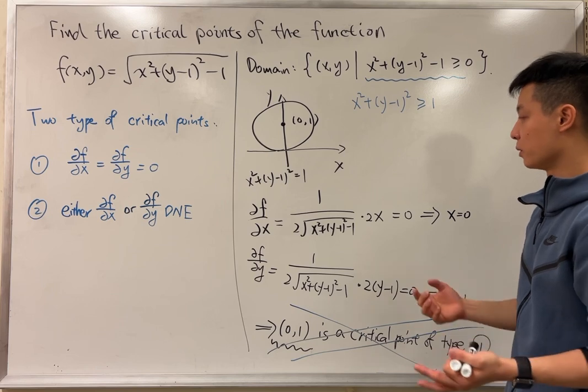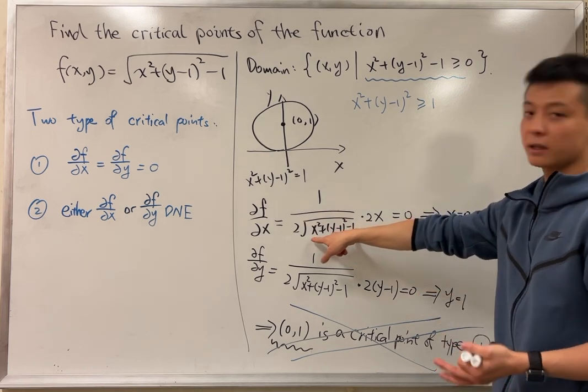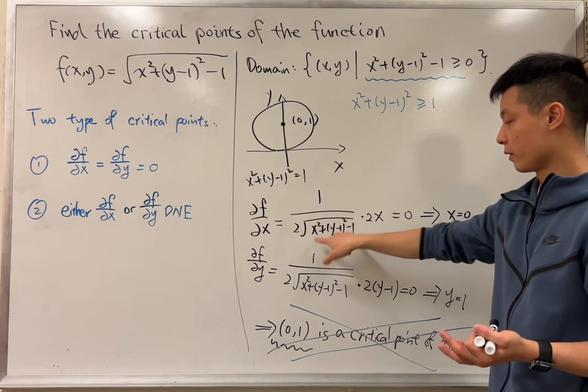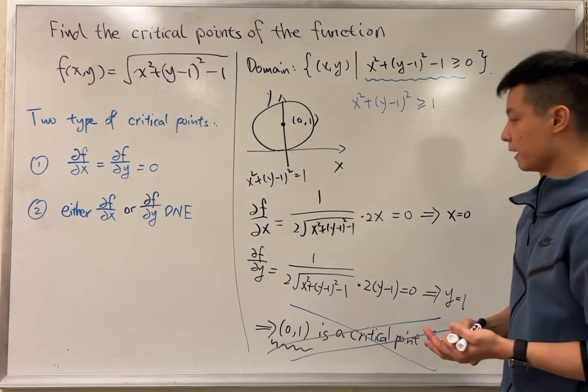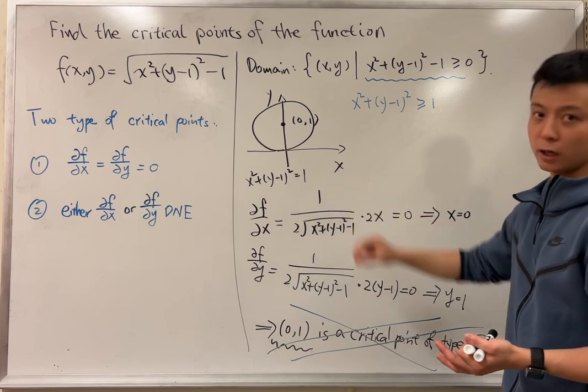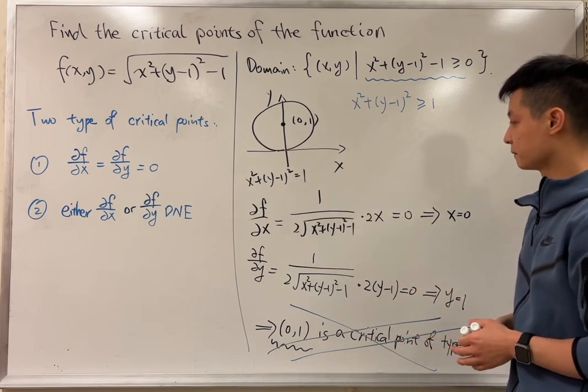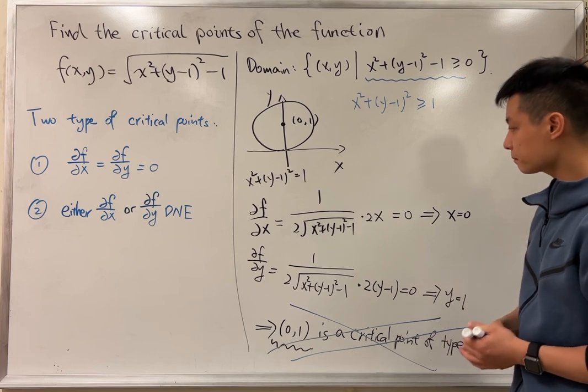So for example, if the thing underneath the square root is less than 0, then the function is going to be not defined. Or if you have the denominator equal to 0, then the function is going to be not defined. So either of those cases.